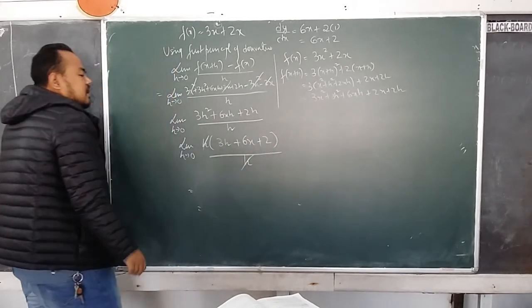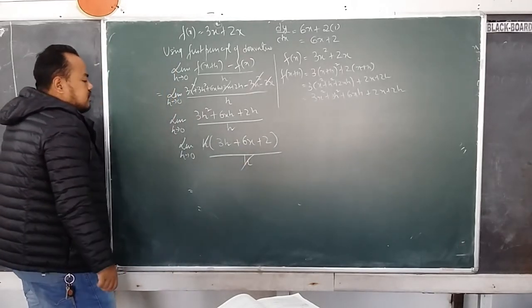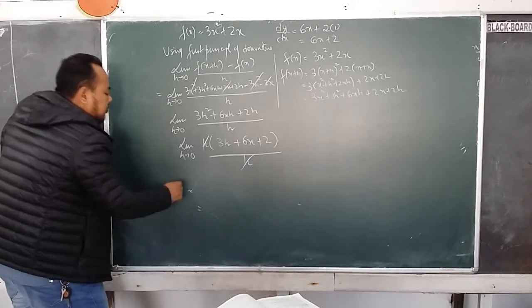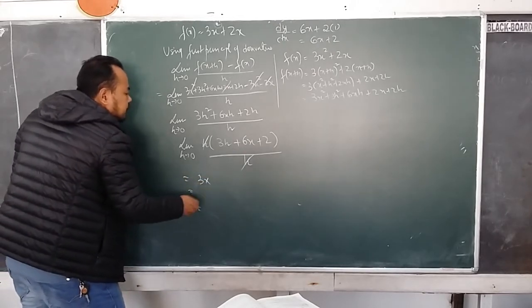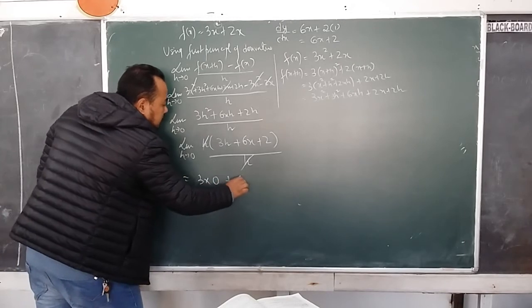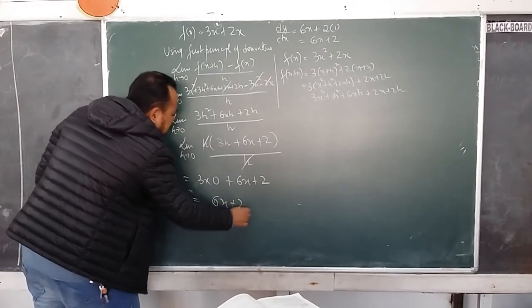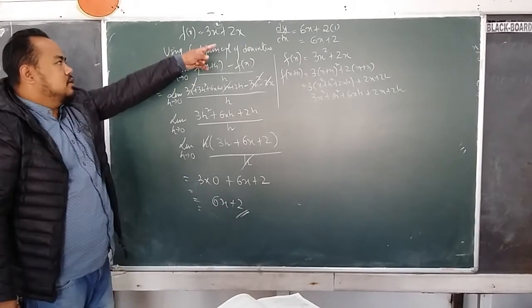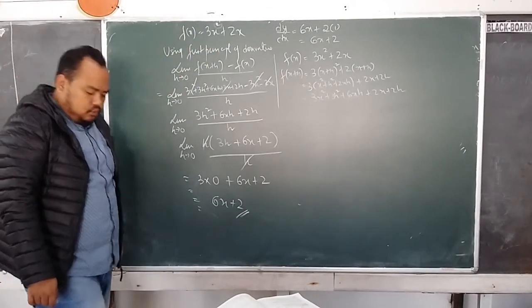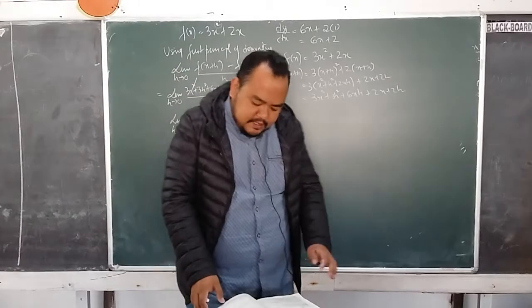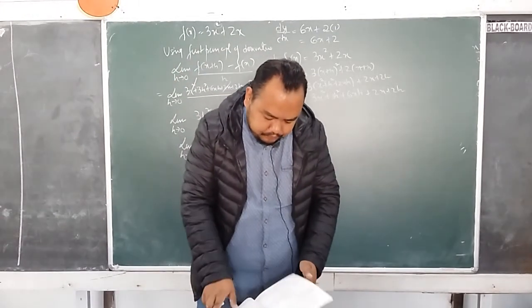So h and h get cancelled, so you no more have h, the 0, in the denominator. Now put the value of h. So 3 into 0 plus 6x plus 2, so the answer is 6x plus 2. So this is how you differentiate using first principle of derivatives. Is that clear?